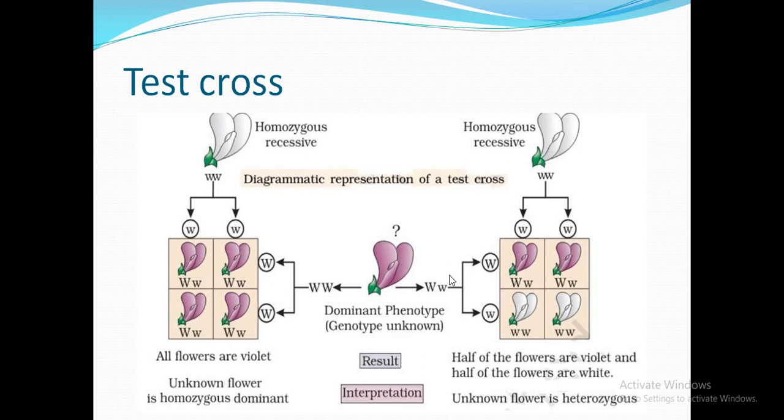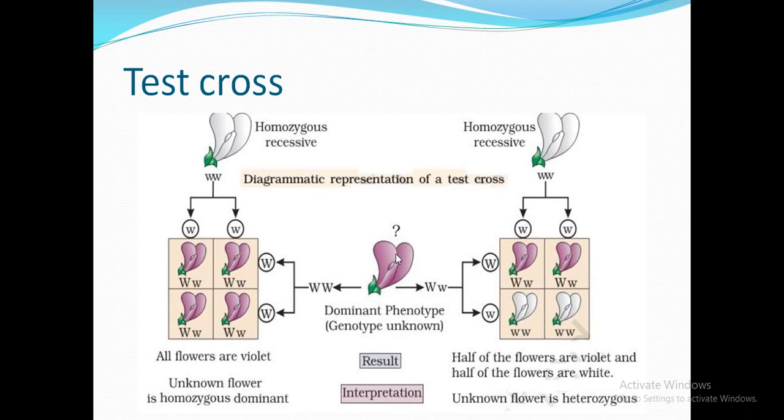In both homozygous dominant and heterozygous condition, violet color flowers are produced. Here you can see this violet color flower can be produced under both genotypes, let it be homozygous dominant or heterozygous. So in both genotypes, purple color flower is produced. But we don't know whether it is homozygous dominant or heterozygous.